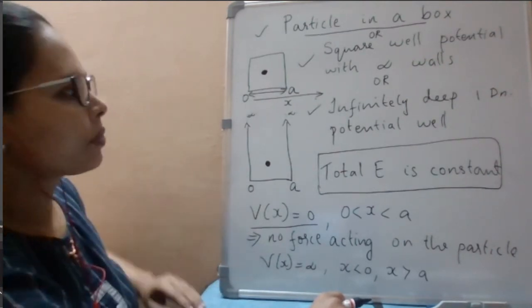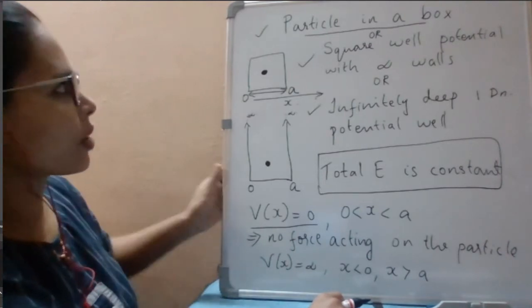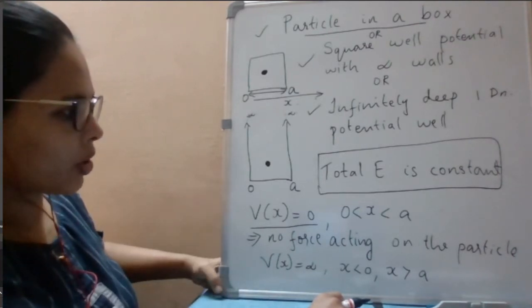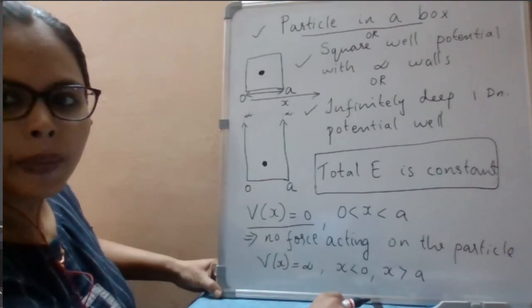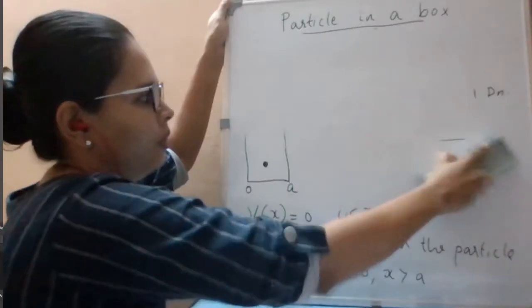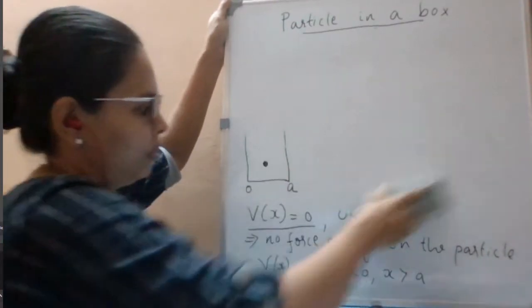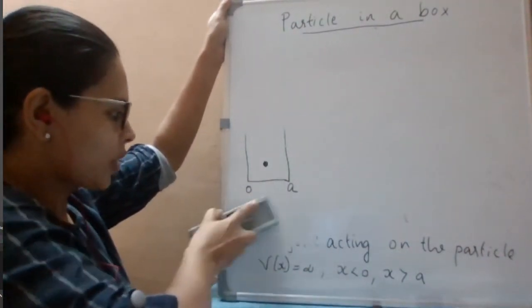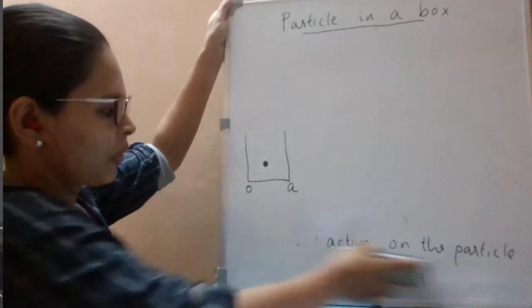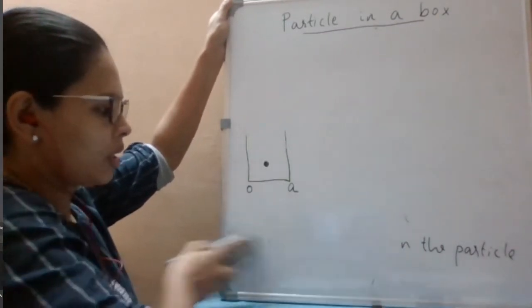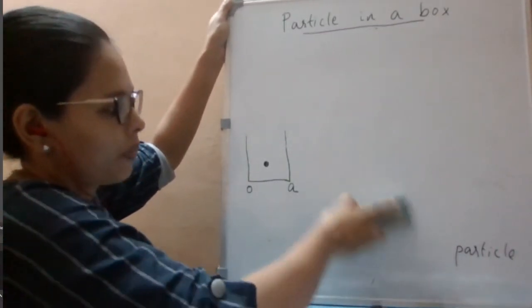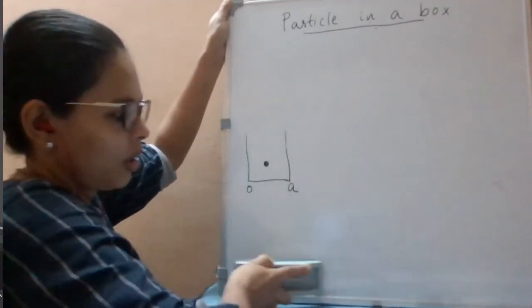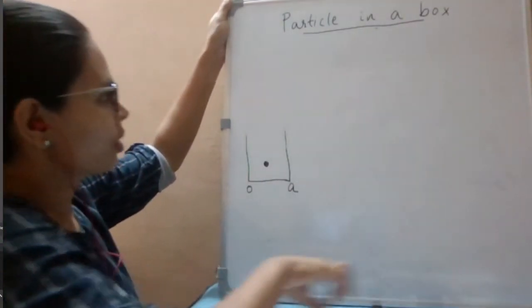Okay. Now let us go for the Schrodinger equation and its analysis. So you have to remember a few things. I'll write it somewhere here so that it will be useful when we derive Schrodinger equation.